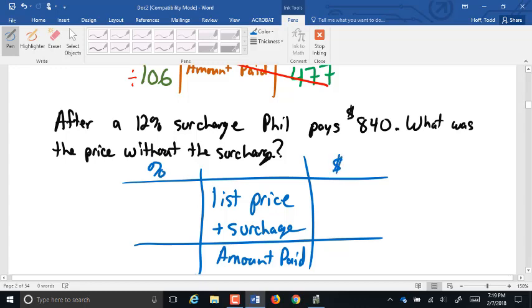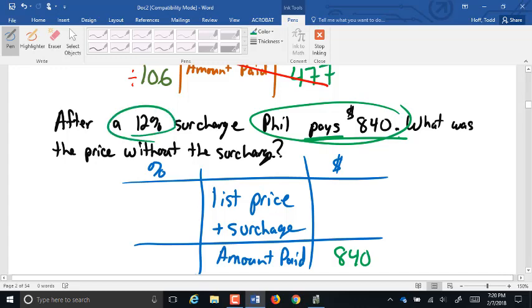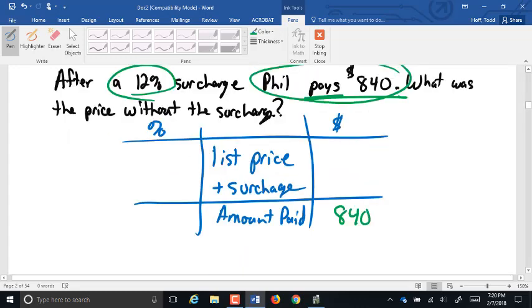Again, we have percents and we have dollars. The $840 represents the amount paid. 12%, of course, goes on the percent side for the surcharge. And of course, there's always that lurking 100%.